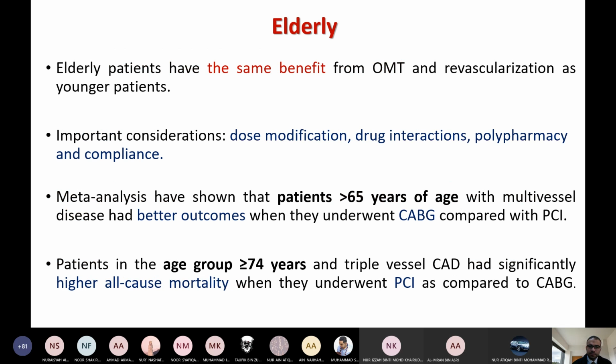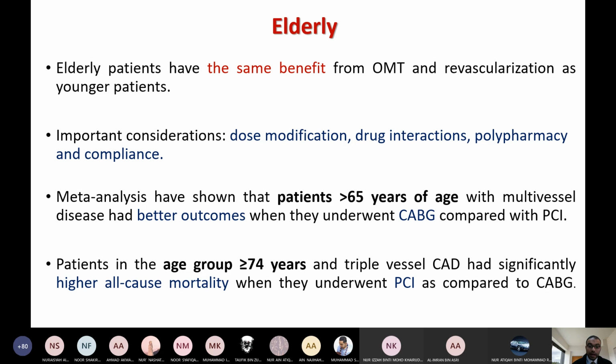Elderly patients get the same benefit from all the interventions, except we have to be more vigilant about polypharmacy and drug interactions, the one I highlighted earlier, which agent can be of higher or lower risk of drug interaction with others. And in patients more than 65 years, in terms of the intervention, for them CABG will give a better outcome.